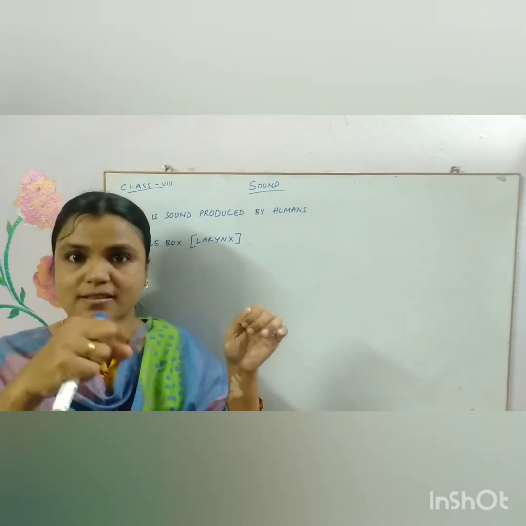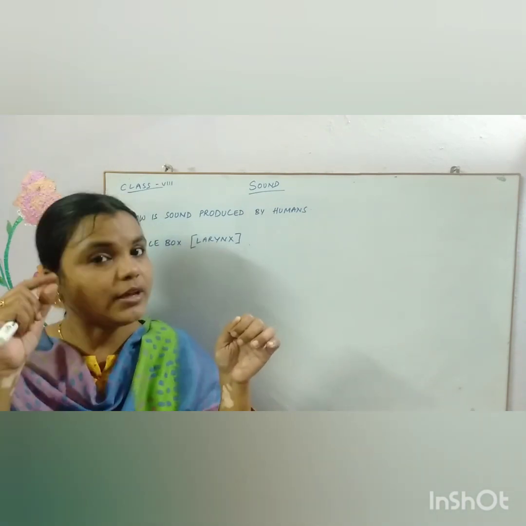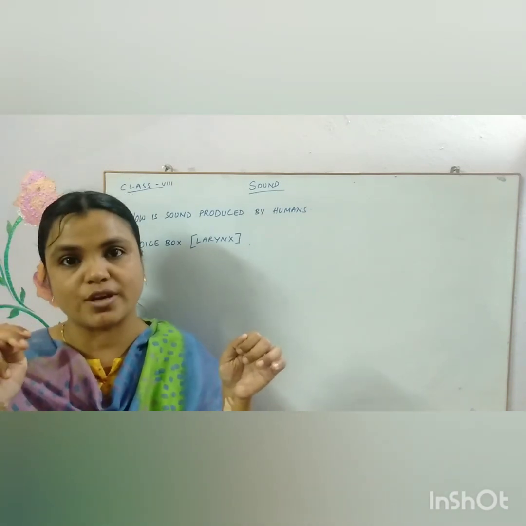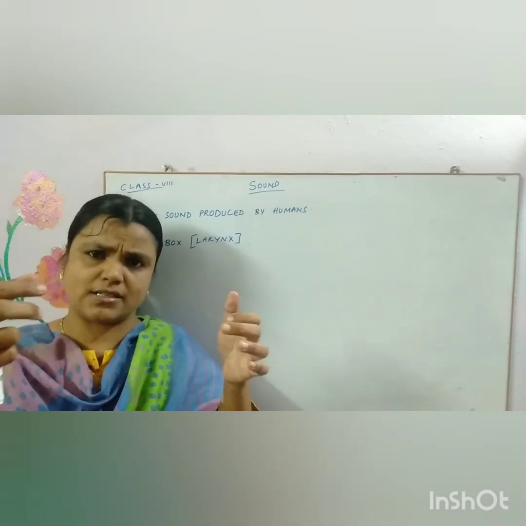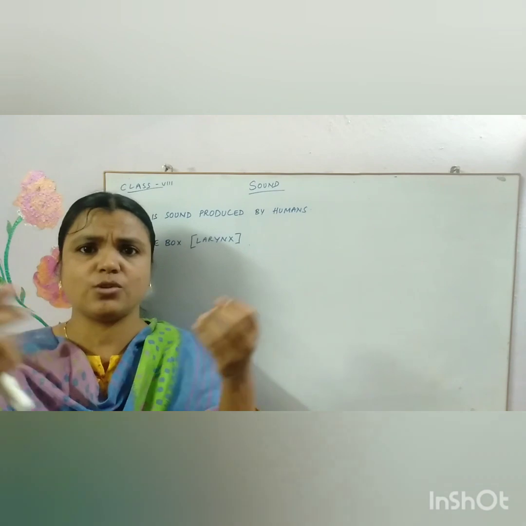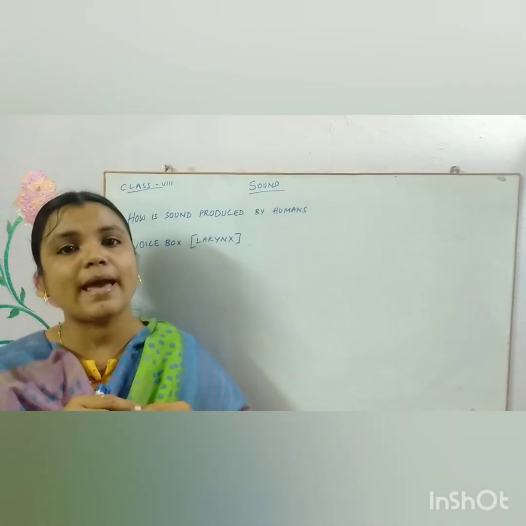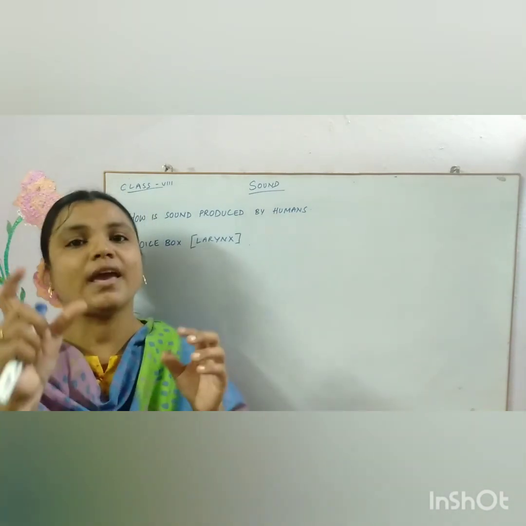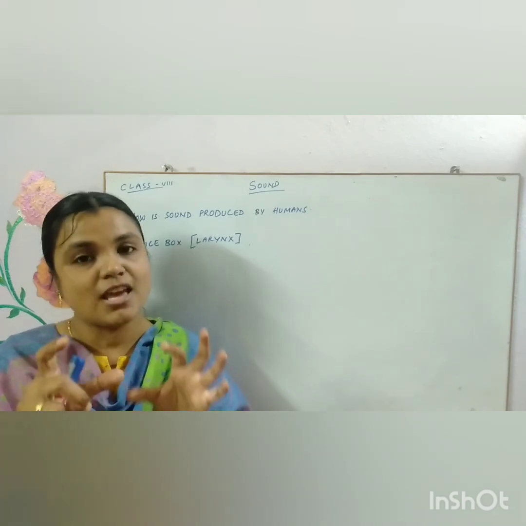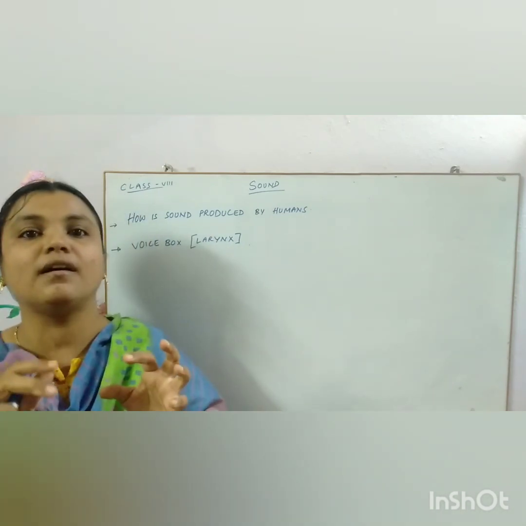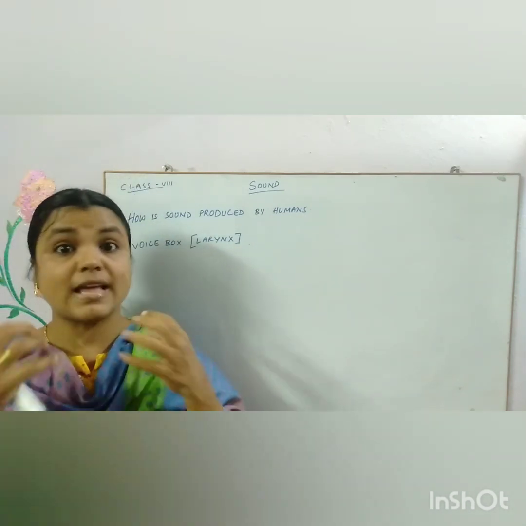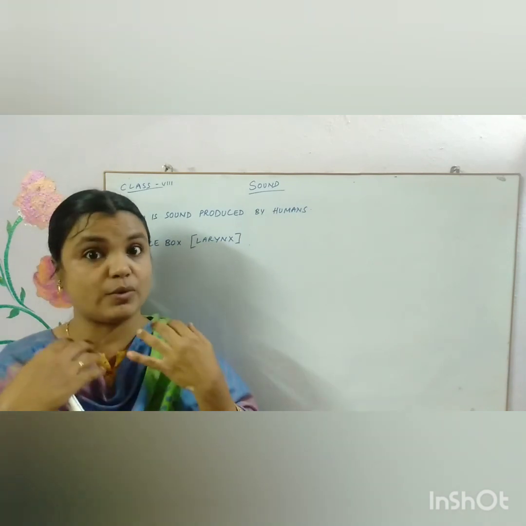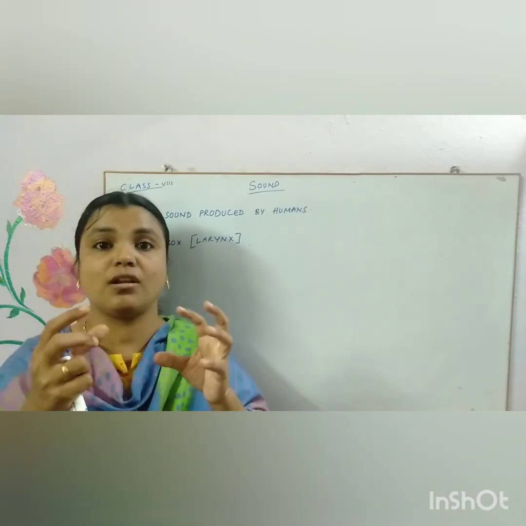Now you just strike it. You can understand that it produces a different kind of voice. Now just loosen it. When you let it loose, then what happens? It becomes a little thicker and not so tight, right? In a similar manner, it is under the control of the muscles. Actually, we can control this.